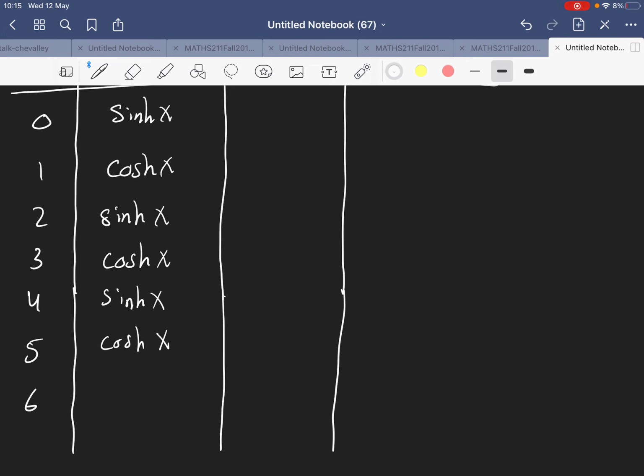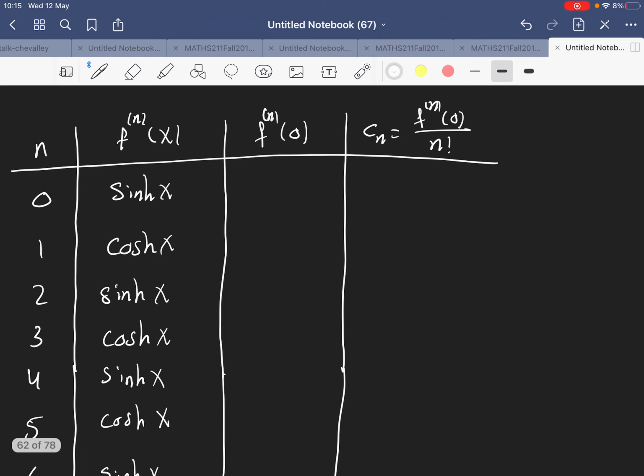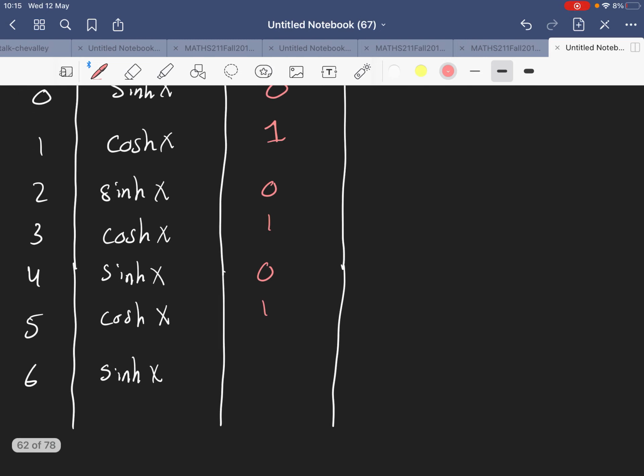So at the even numbers, it is sinh. At the odd numbers, it is cosh. Now substitute them at 0. Sinh at 0 is 0, and cosh is 1. So it will be 0, 1, 0, 1, 0, 1, and so on.